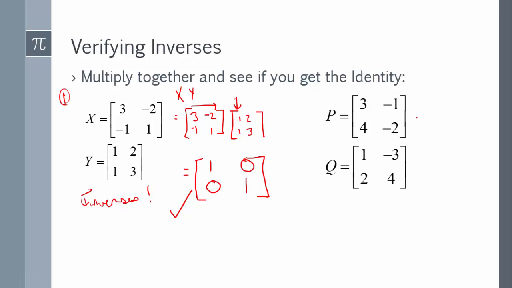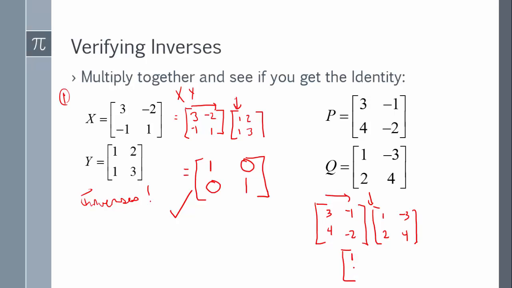Let's try PQ. So we'll set up P first. So we'll go across and then down. So 3 times 1 is 3. Negative 1 times 2 is negative 2, so that adds to 1. We're looking good so far. 4 times 1 is 4.